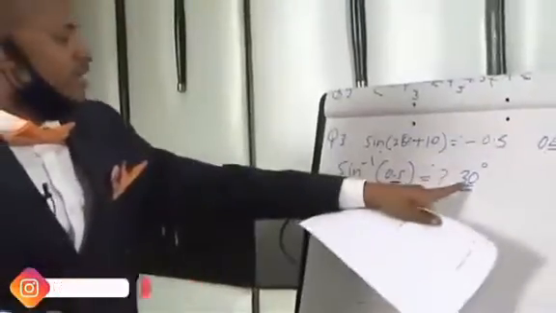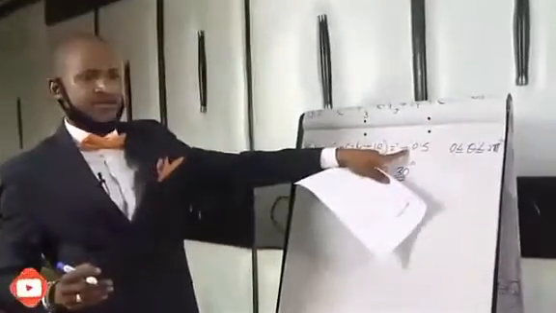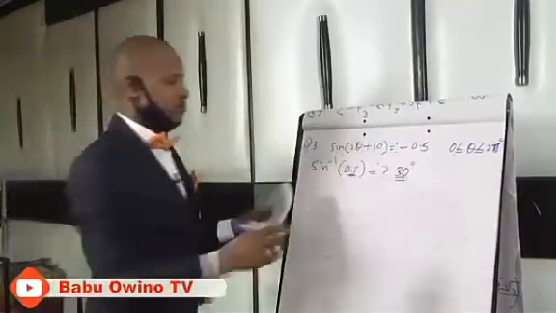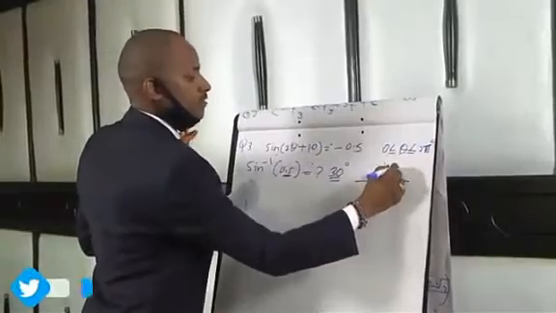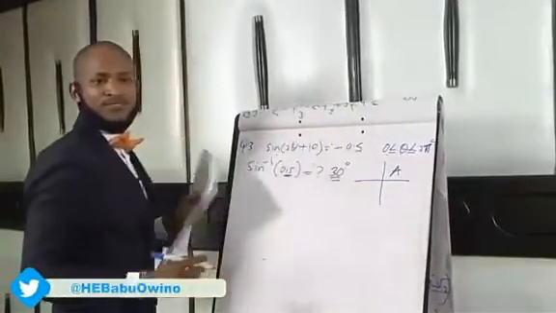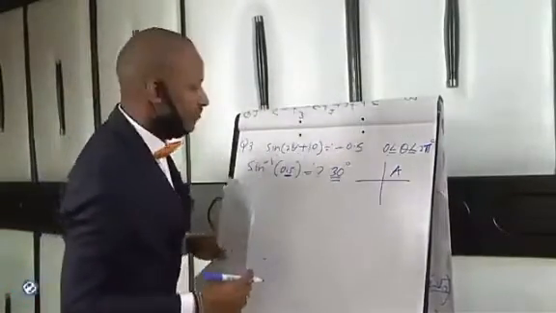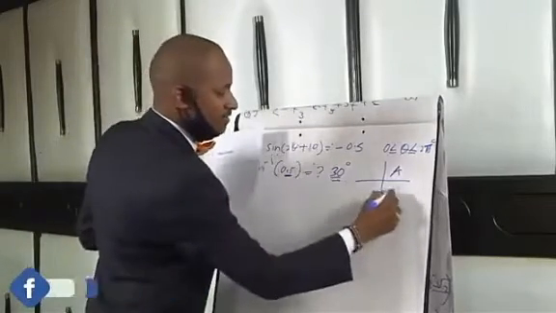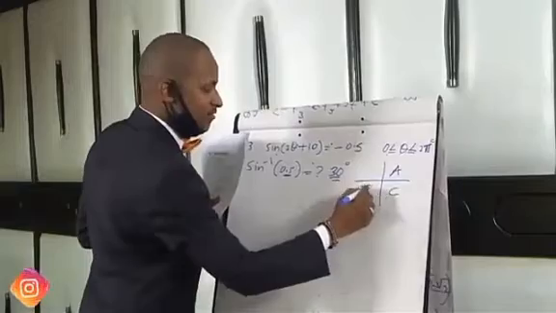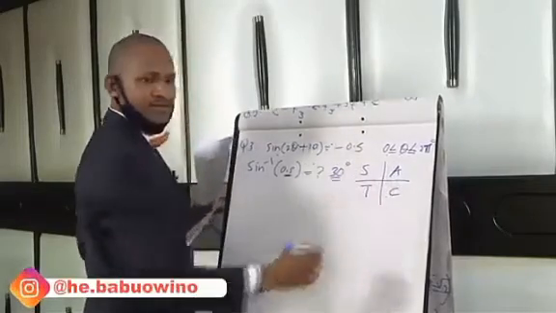Therefore, the first thing we do is to identify all the quadrants where that angle lies. But remember, we have a negative here. So when we draw the quadrants, we say ASTC. When I was in my Form 4, I used to remember it as All Christians Terrorizing Satan.